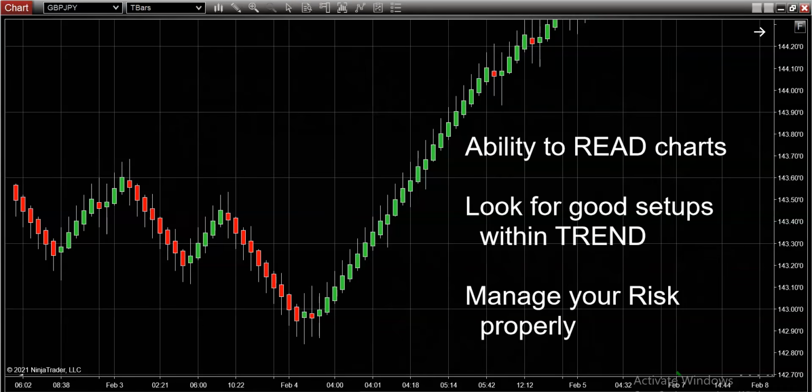And when I say read a chart, what I mean is in order to find success trading price action, you have to have a crystal clean chart just like this, where the price appears to stay the same color in waves. Look at this: stretch of red, stretch of green, stretch of red, stretch of green. Makes sense? This is the ability to read a chart.